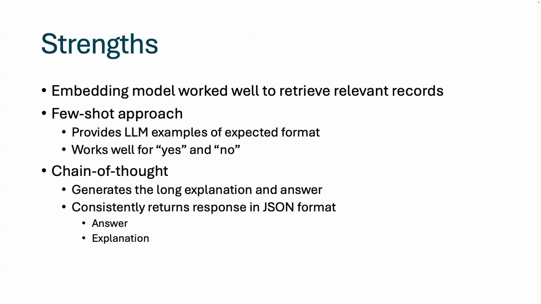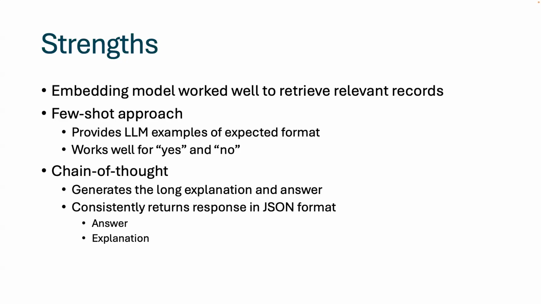All right, so the strengths for this project: it seemed that the specialized fine-tuned embedding model worked pretty well to retrieve relevant results from the data set whenever they were available. The few-shot approach also worked well to give the LLM examples of the expected format of their response.